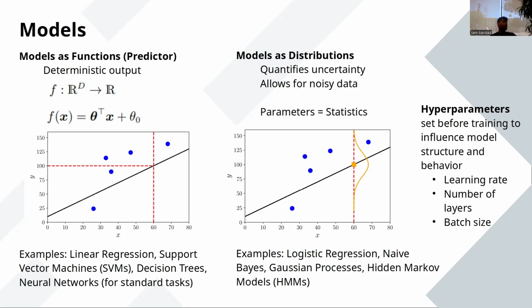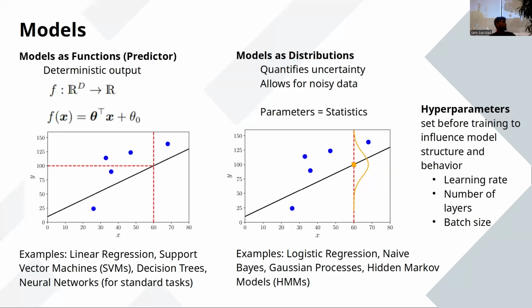And then a model that is a distribution. A predictor has a deterministic output. As you can see, you have an input, which is a d-dimensional real-numbered vector, or a series of vectors, and it outputs a real number.